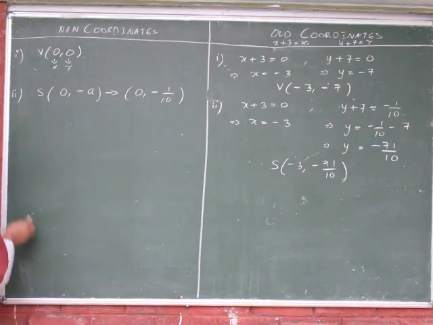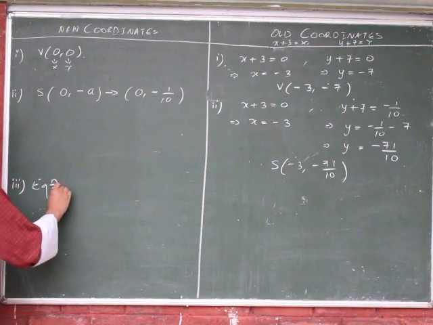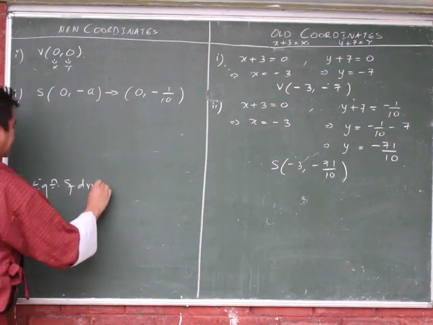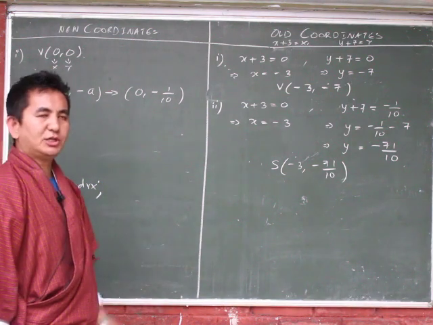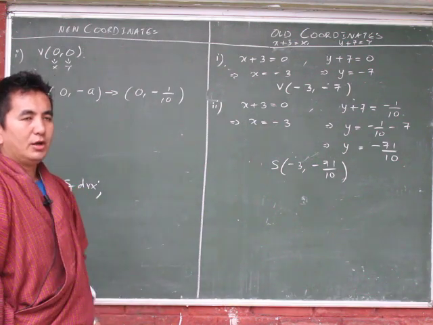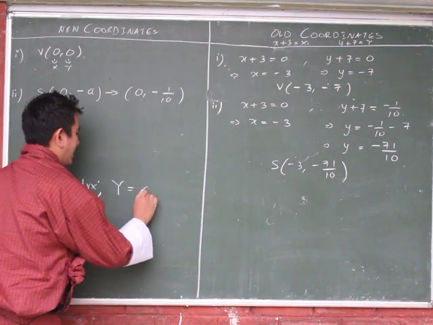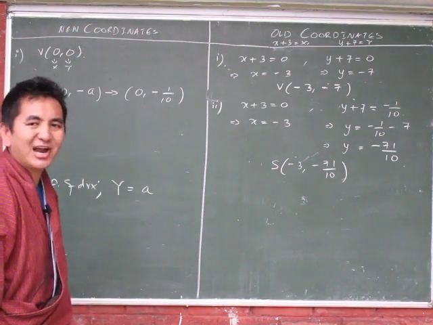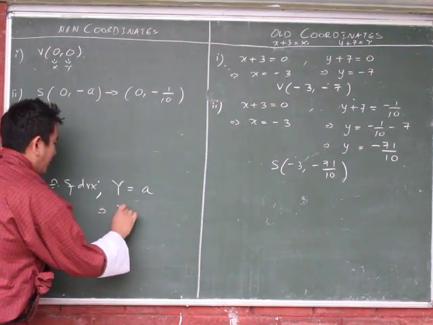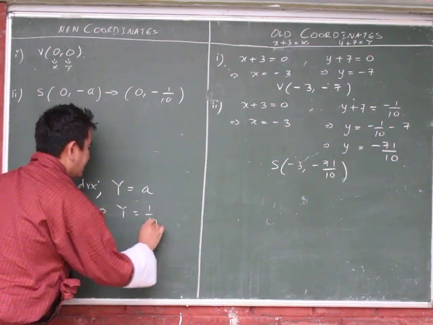Okay, now next one is number 3. Equation of directrix. Equation of directrix, this is concave down. Equation of directrix concave down means capital Y is equivalent to a. Is that correct? Which implies capital Y is equal to a value is 1 by 10.